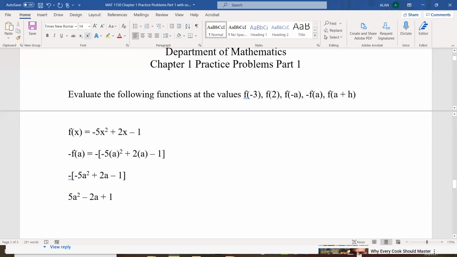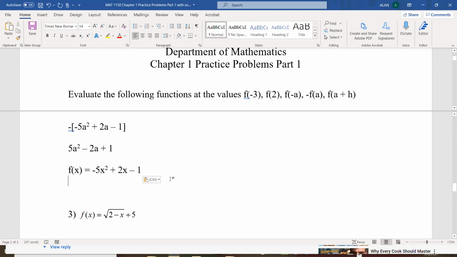All right. So finally, we have the really scary one, f of a plus h. So yeah, that's going to be a bit of a headache. You'll see why in a second.